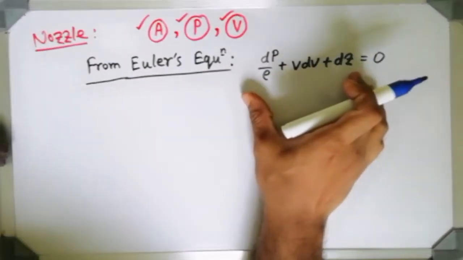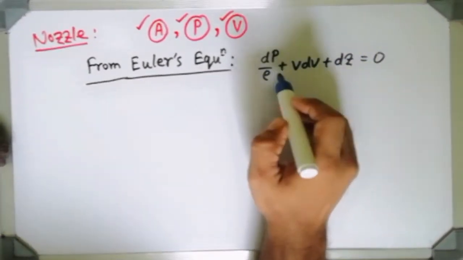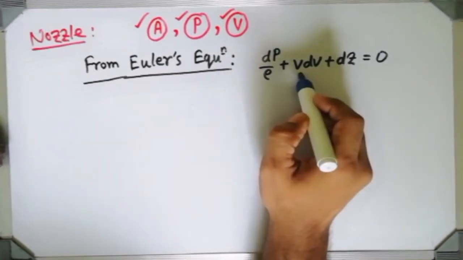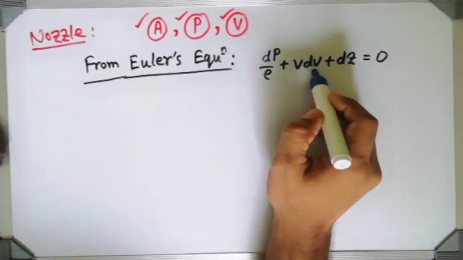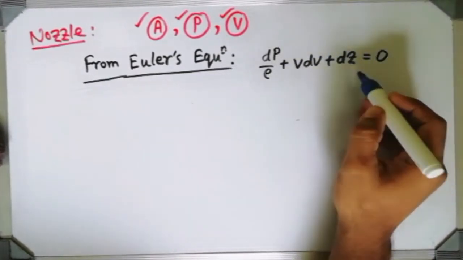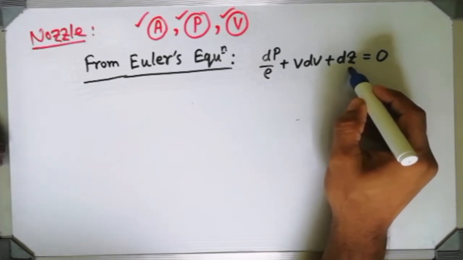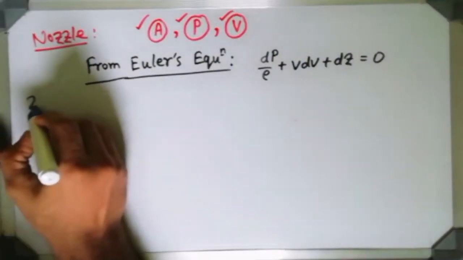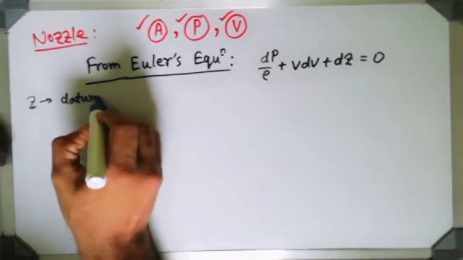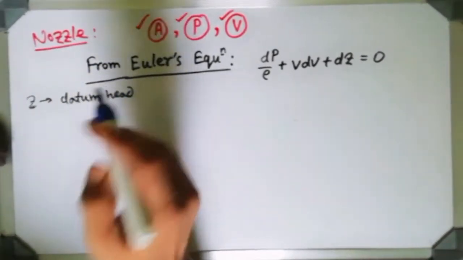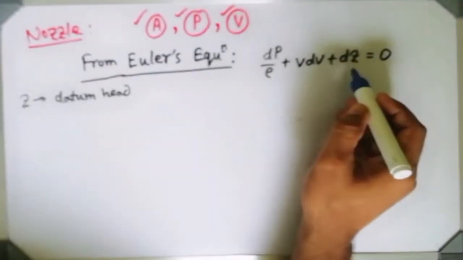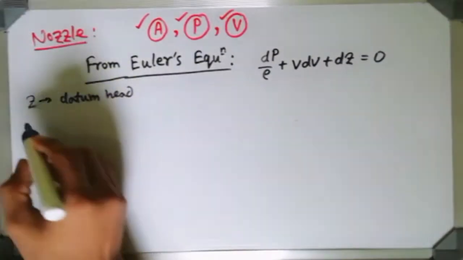What does this equation tell us? In dP by rho, dP means the change in pressure, rho is the density, v is the velocity, dv is the change in velocity, and z means the elevation. Z is the datum head, meaning the elevation from any reference surface. dz is the differential form of z.